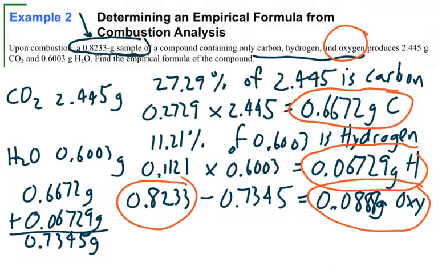The difficult part here is to find the mass of each component. Once you have that, finding empirical formula is actually pretty easy. So here's what we're going to do. Let's write the data down that we just obtained. Okay? So we have three elements, C, H, and O. And our carbon, we had figured out it was 0.6672 grams.